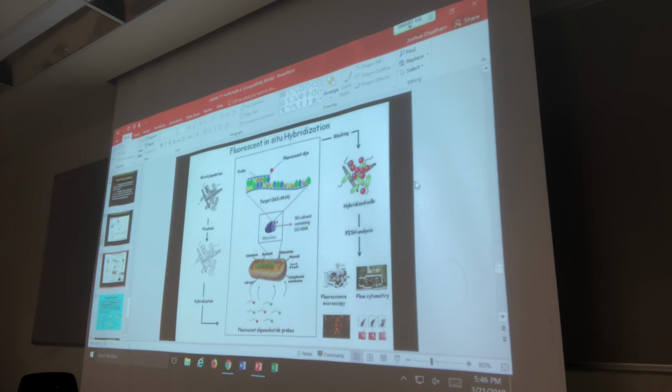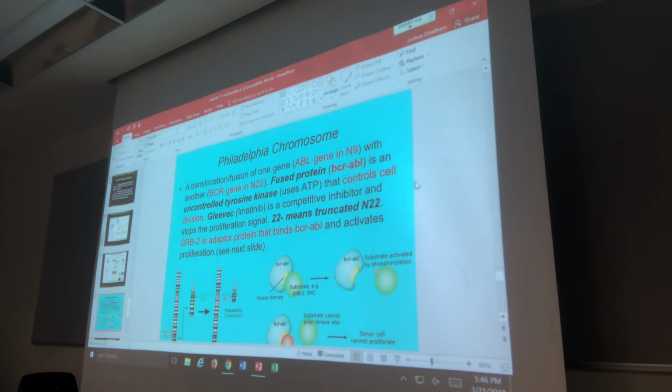All right, so that's one huge application of this. The bottom line of how it works is that there's a probe that binds to a target DNA sequence and releases some color.